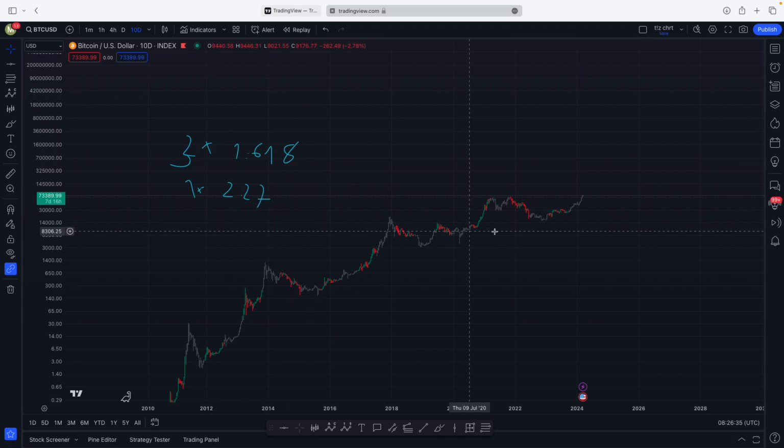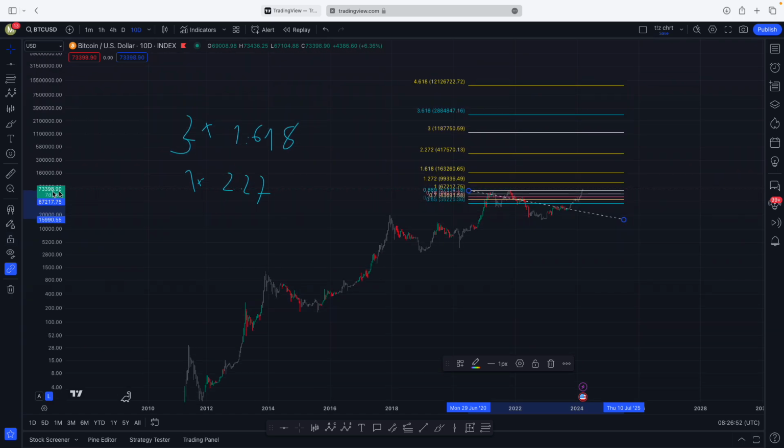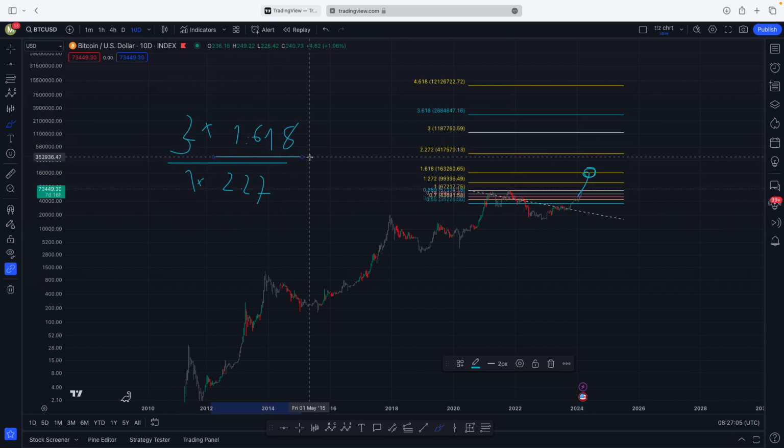Now measuring our last one, very interesting, our fifth cycle obviously, we can measure from the top to the bottom and see where price could go if we reach 1.618 or 2.23. If we reach 1.618, Bitcoin price is likely going to reach 163,000 US dollars, and that is a realistic target because every single cycle has at least reached the 1.618.